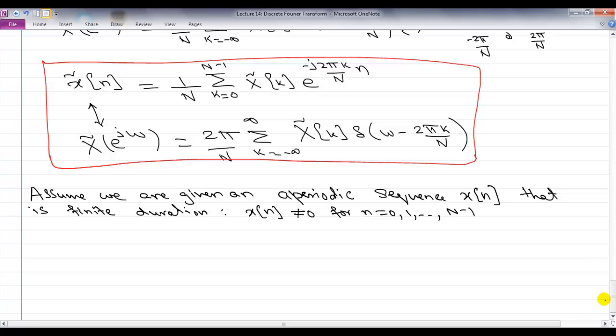So I am given a sequence which is aperiodic, and what I want to do is compute a periodic extension of that sequence.